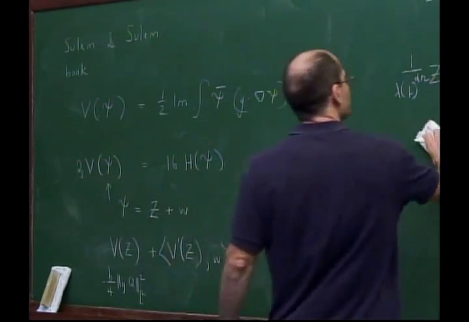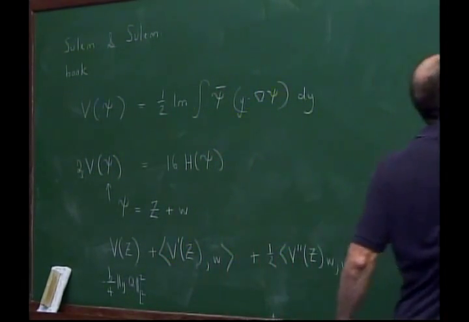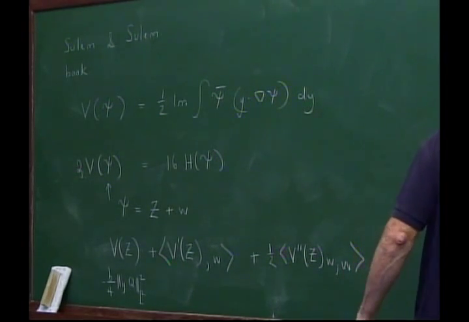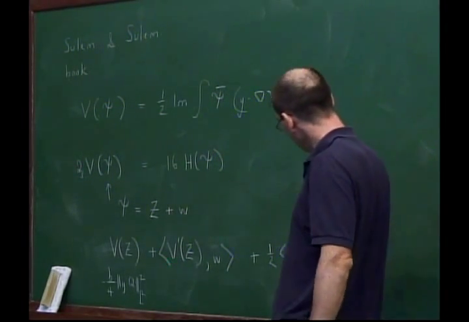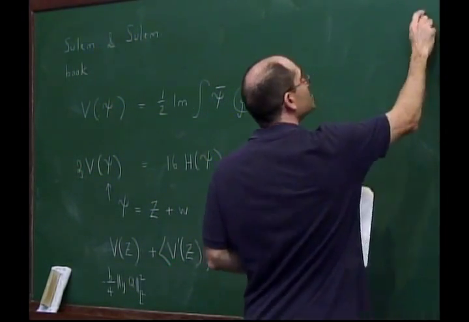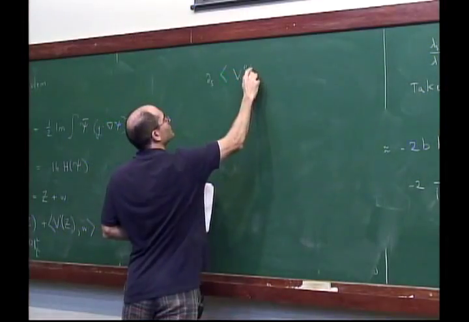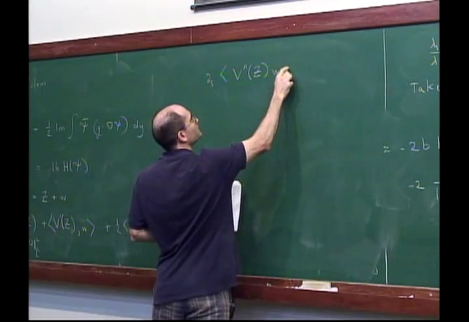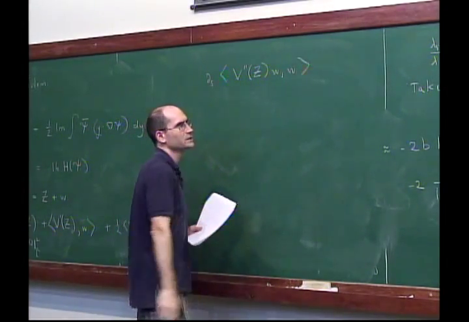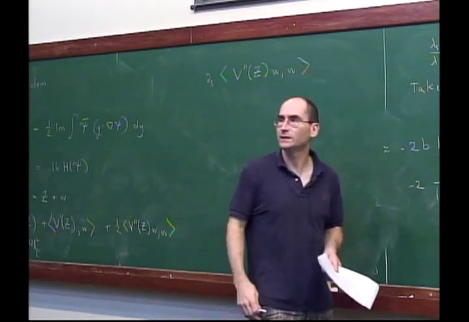What they do is compute that. Now, what is ds of V double prime z w w? We have an equation that w solves. It's the linearized equation.